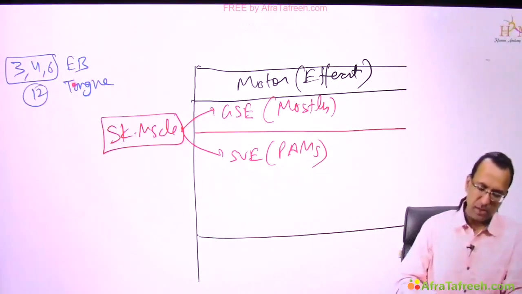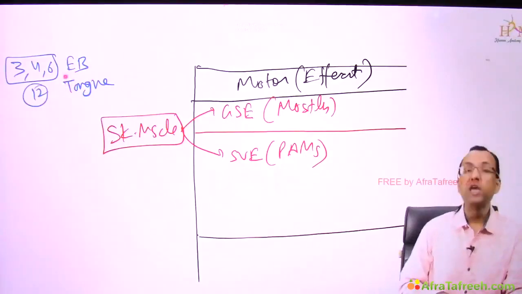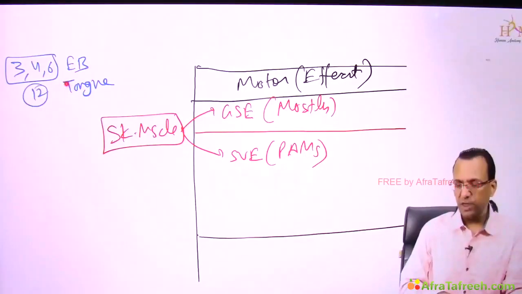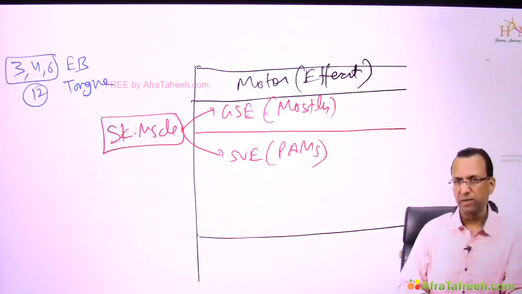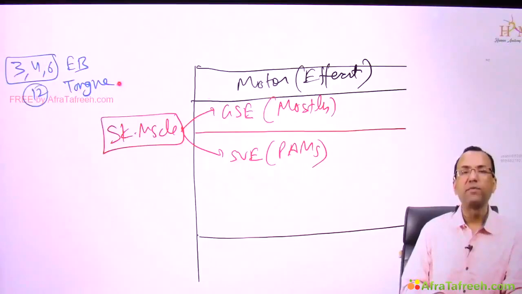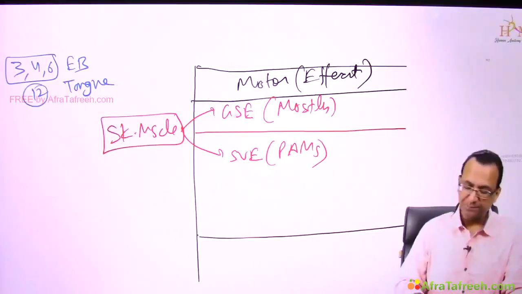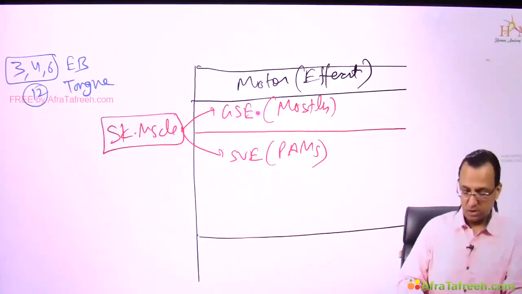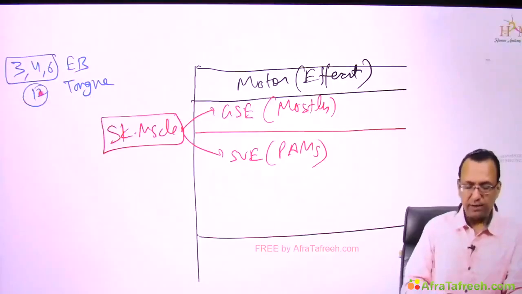Because eyeball and tongue muscles do not develop in the pharyngeal arches, and because they don't develop in the pharyngeal arches, they must be GSE. All skeletal muscles are GSE except the pharyngeal arch muscles, which are SVE. So eyeball muscle and tongue muscle do not develop in the pharyngeal arches, they must be GSE in the brainstem. They are pure motor nerves. The numbers 3, 4, 6 are for the eyeball, and the 12th nerve is for the tongue muscles.